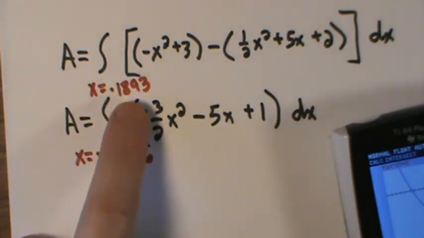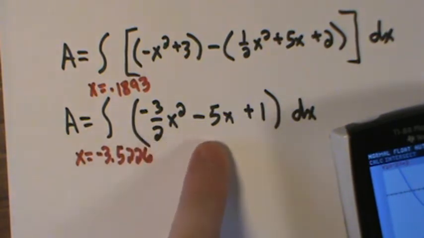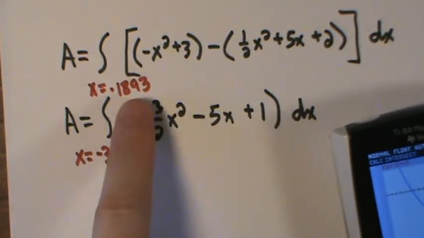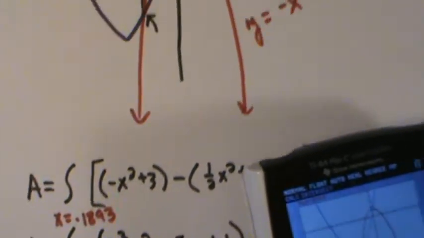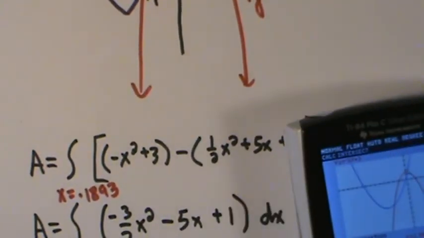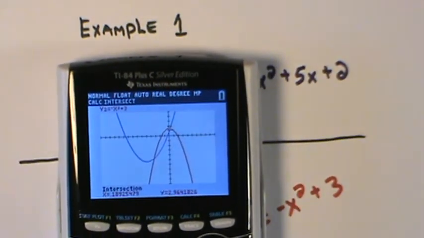Because these values are decimals, I know they're not very pretty, I could integrate this by hand, but there's no point because then I'm going to have to turn around and plug these values in. So I'm going to use the calculator to figure out my area. It's actually a very simple process. As I go to my calculator now, sorry for moving these papers back and forth here.